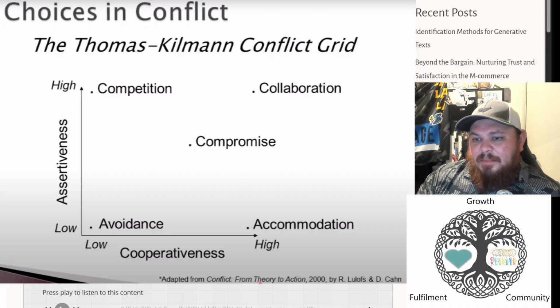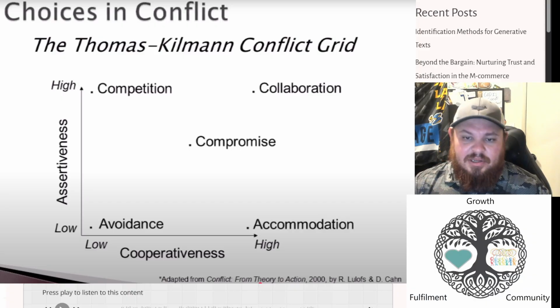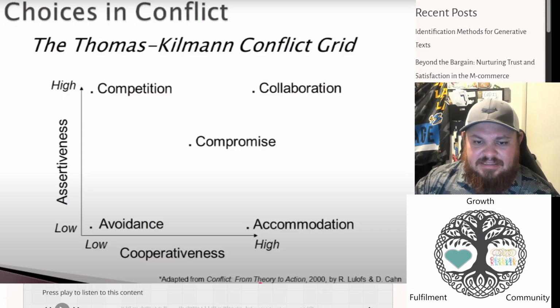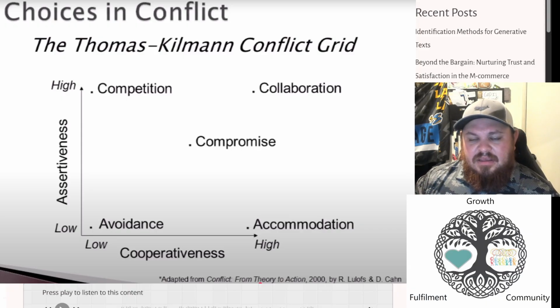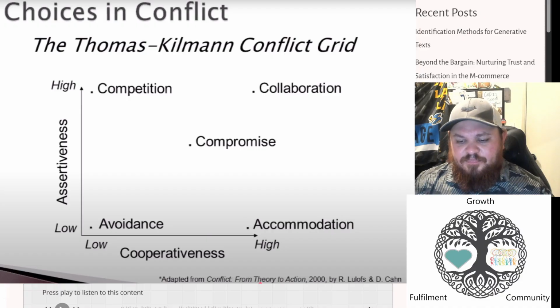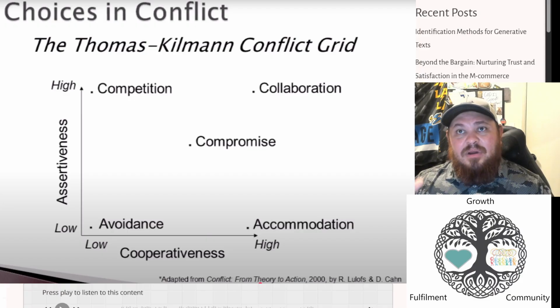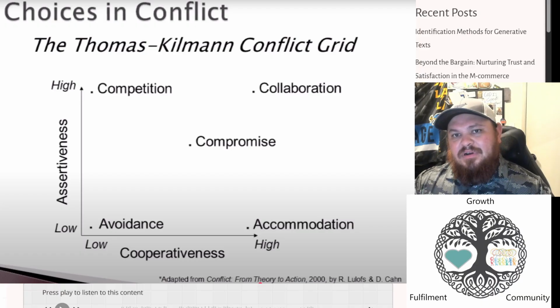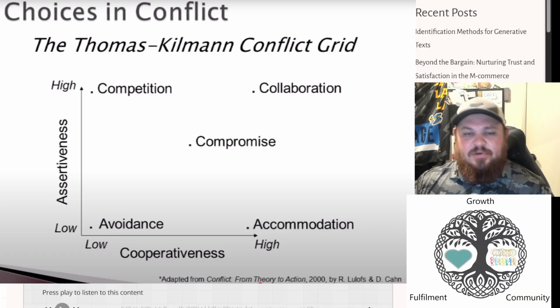We'll move over to accommodation. Accommodation is going to be low on assertiveness but high on cooperativeness. It's something we can do to benefit the other party, and it's beneficial because taking a step back to allow somebody else to step forward can really build that trust, rapport, and relationship for future opportunities where they can back you.